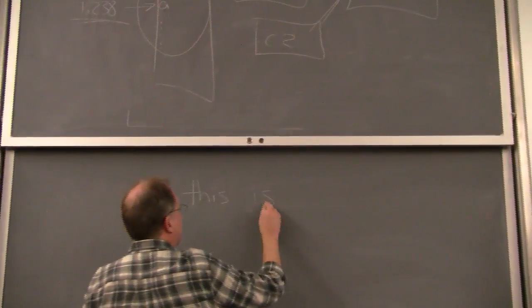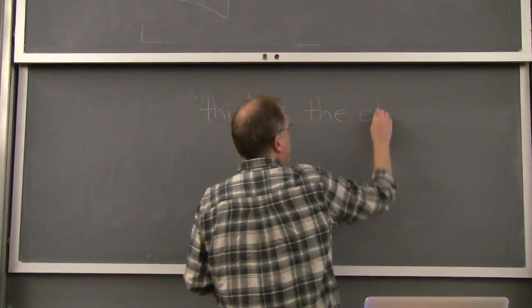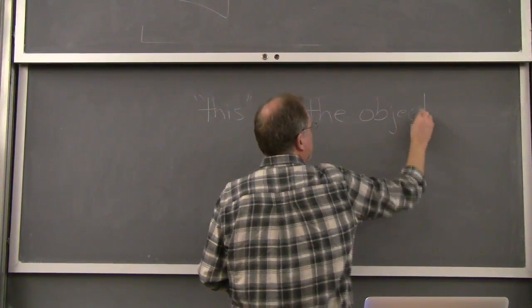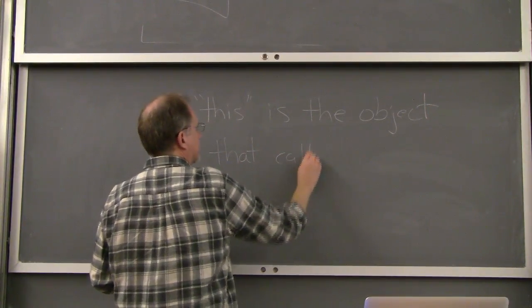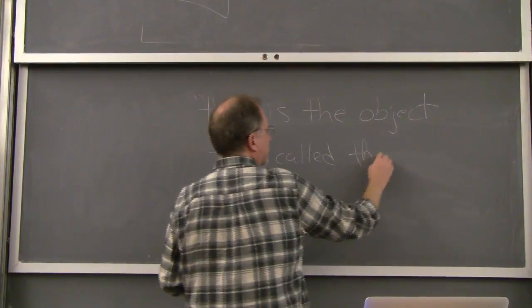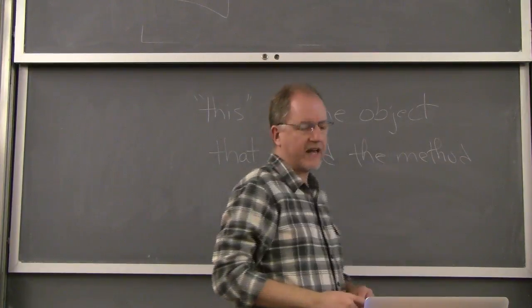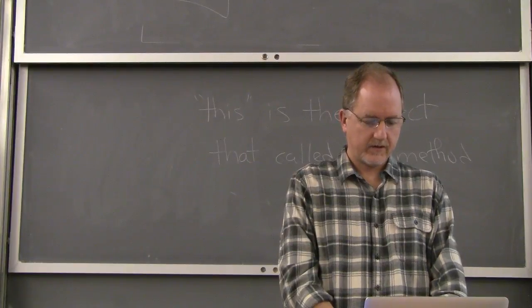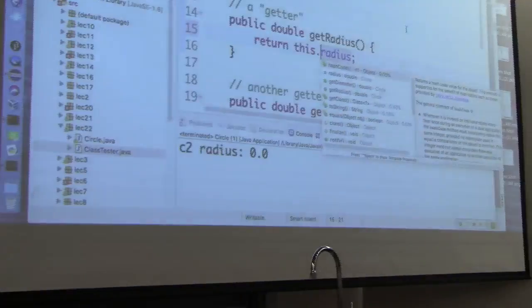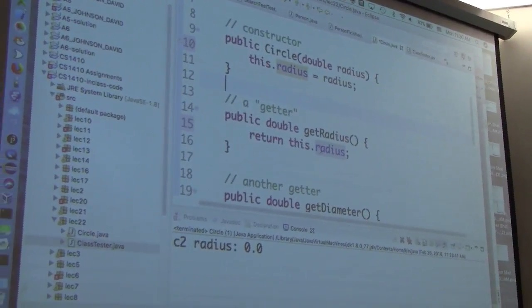This refers to the object that called the method. So we can use this inside class code, like here, or here. And when you use it here, it means whatever object called this method, this is the same thing.